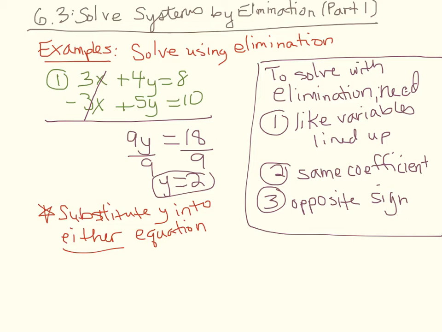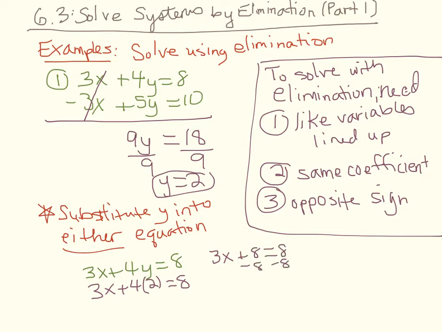But choose either one. I'm going to choose the first one, the 3x plus 4y equals 8. All I'm going to do is substitute in 2 for y. When I do that, I end up getting 3x plus 8 equals 8.